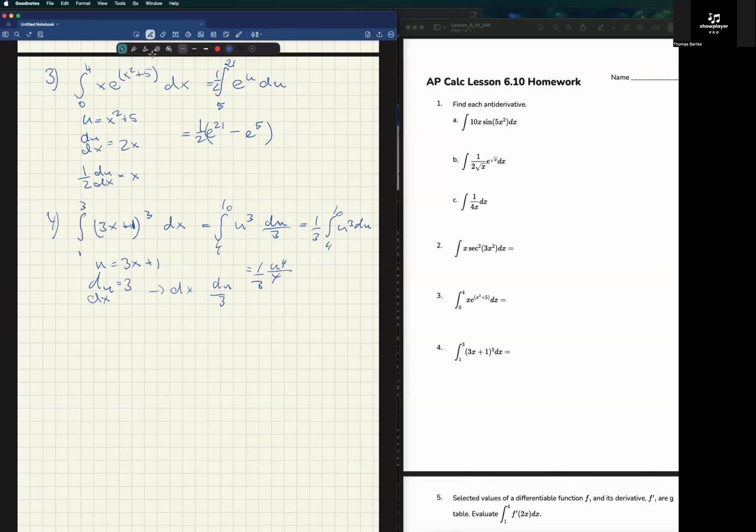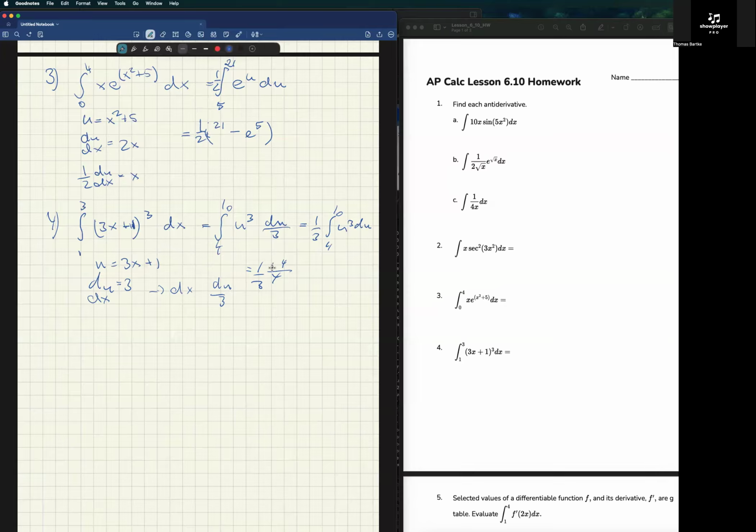Let me get the eraser going here real quick. Yeah, that should work.